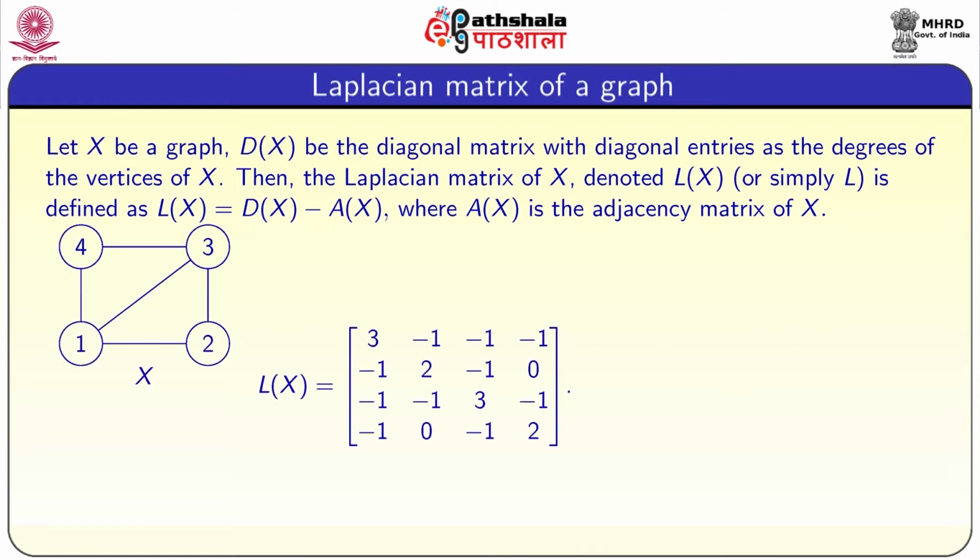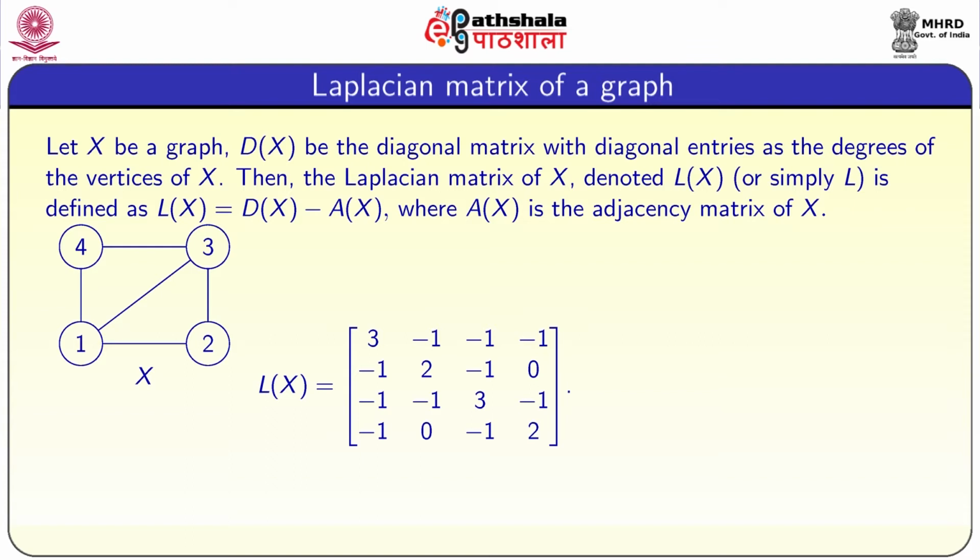Look at the graph X with 4 vertices 1, 2, 3, 4 and 5 edges. Here L is a 4 by 4 matrix indexed by the vertices 1, 2, 3, 4. The degree of vertex 1 is 3. So, the element in the first row and first column is 3, and we have 3 minus 1s. There is an edge from 1 to 2, from 1 to 3 and from 1 to 4.